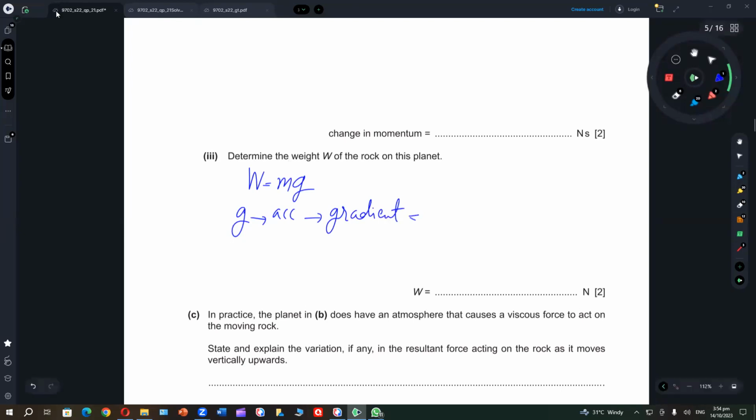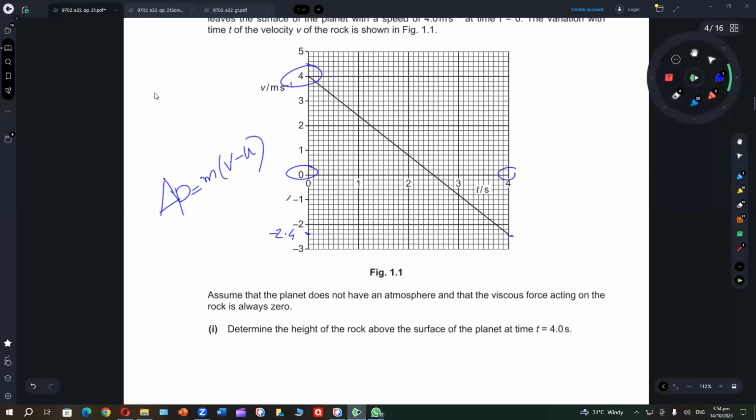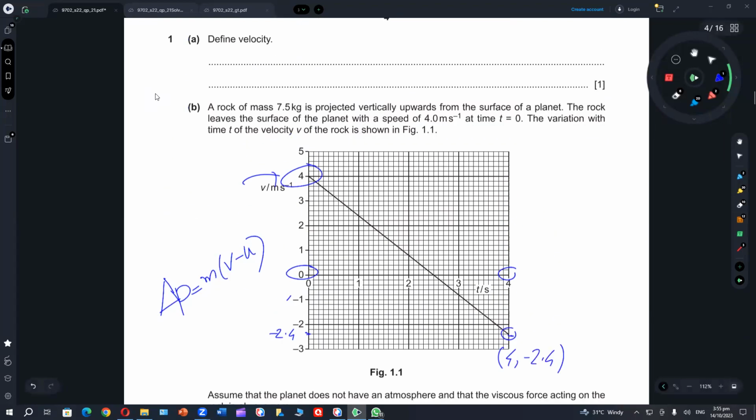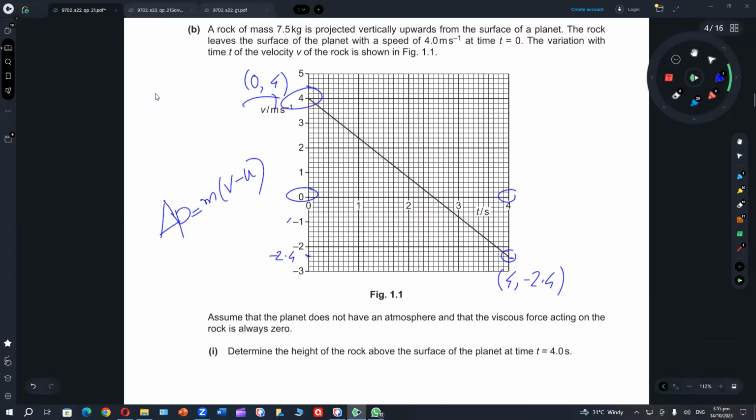If we can find that somehow, take 2 points. I think we can take this point and this point. One point will be 4 comma minus 2.4 and the other point will be 0 comma 4. Now find the gradient.